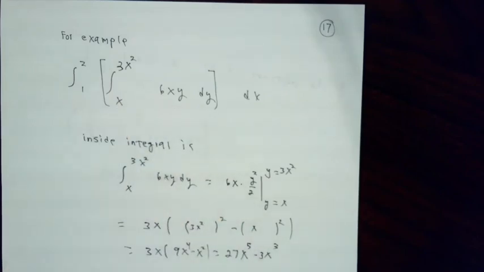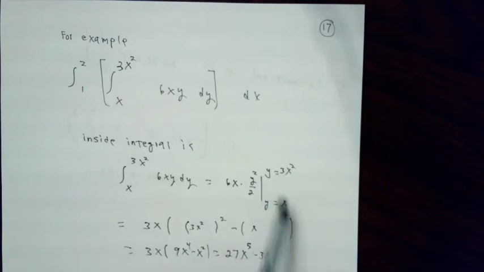The inside integral is the integral from x to 3x squared of 6xy dy. Since we are integrating with respect to y, the 6x is regarded as a constant factor, and the antiderivative is 6x times y squared over 2, that is to say 3x times y squared. I write the 3x factor outside.